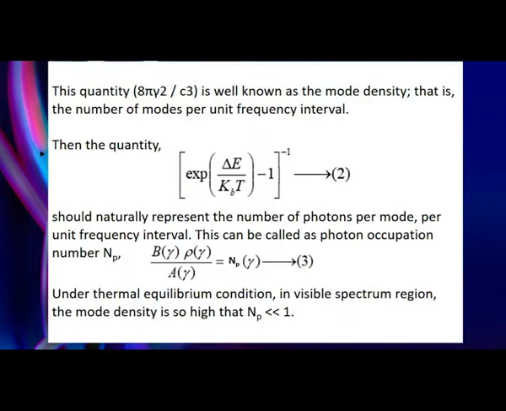Out of this, the quantity 8 pi nu square divided by c cube is a very well known mode density. What is a mode? If you take an ordinary string and pluck it, you will have one half wave standing wave.